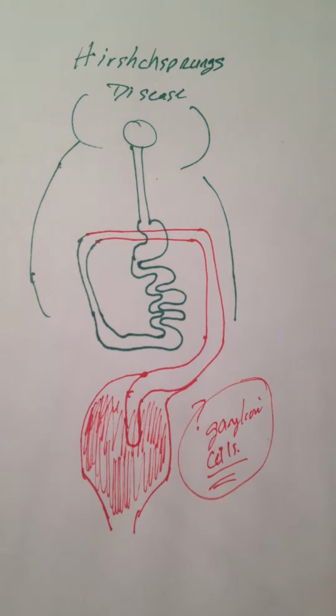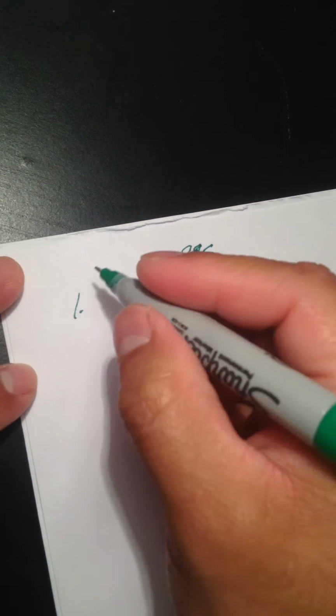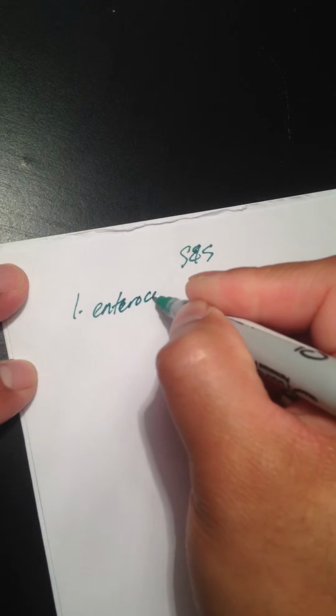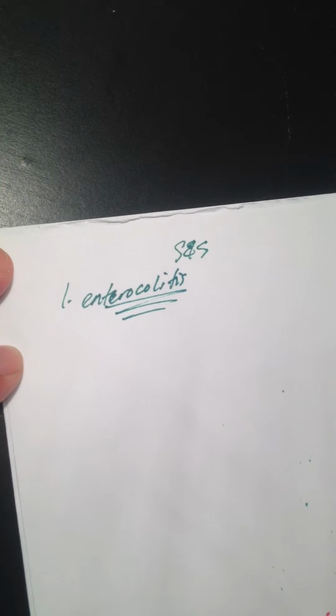Now, what are some signs and symptoms that your patient will have? Again, this is typically found in newborns and babies and infants. So number one, signs and symptoms, you have something called enterocolitis, so a possible infection.